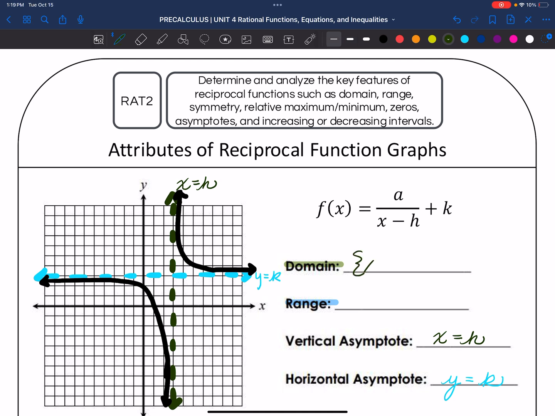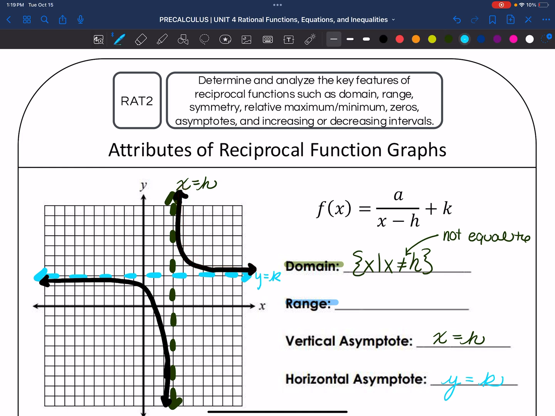The domain for these reciprocal functions is everything except your h value. That symbol right there means not equal to. It's not equal to h because, as you can see, where my h value is, my graph bends and goes down and approaches but does not touch at that value.